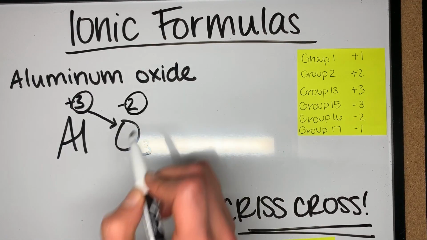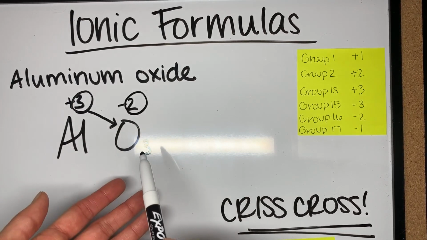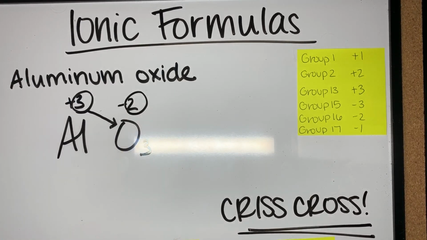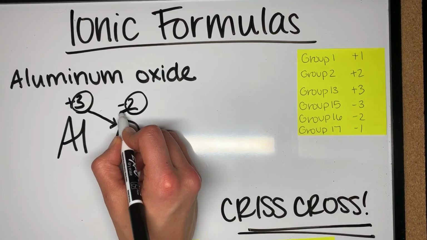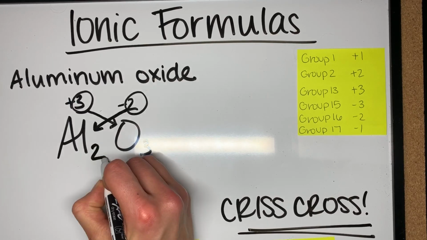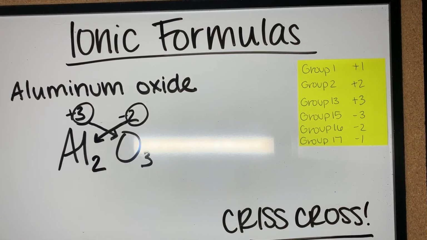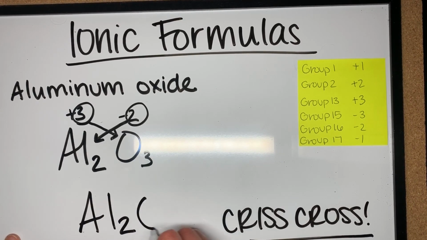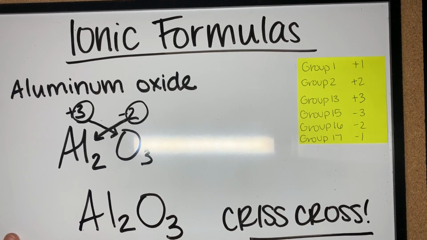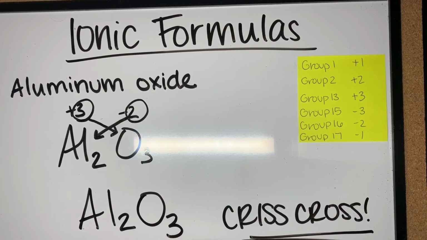Then we take the number above the oxygen, again leaving the negative behind, and we crisscross that and put it as a subscript on the aluminum. So if we clean it up, aluminum oxide is known as Al2O3, and that is the correct formula. So that is how you crisscross.